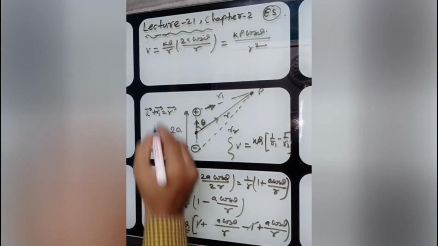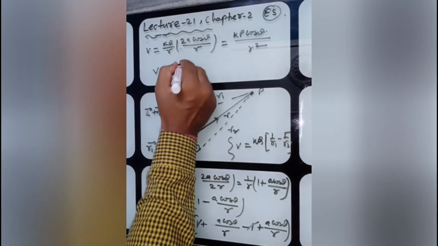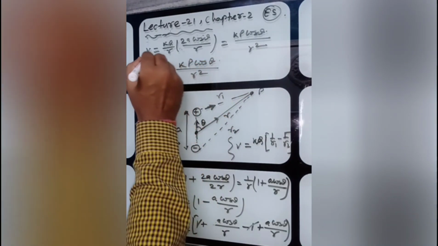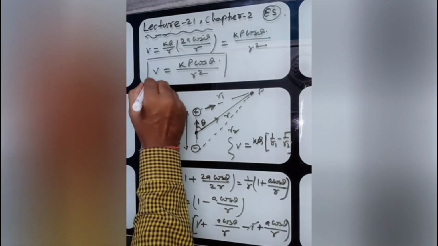Okay, so the V can be written as kp cos theta by r square.